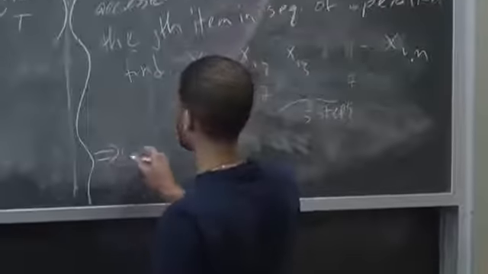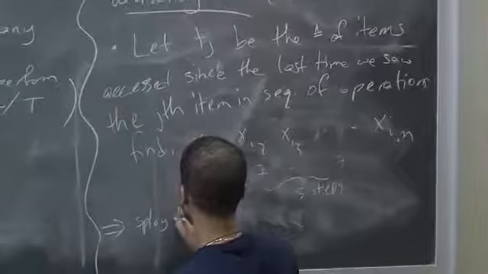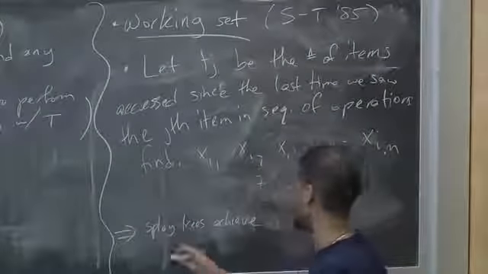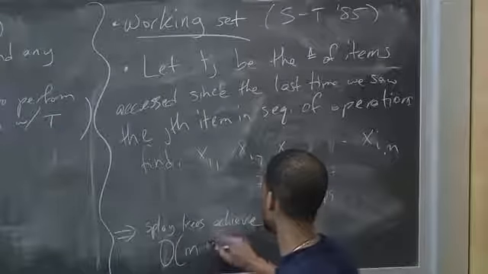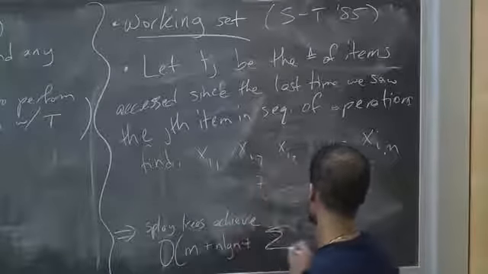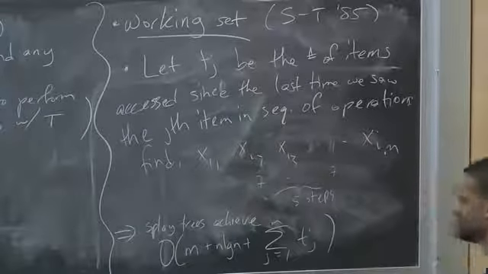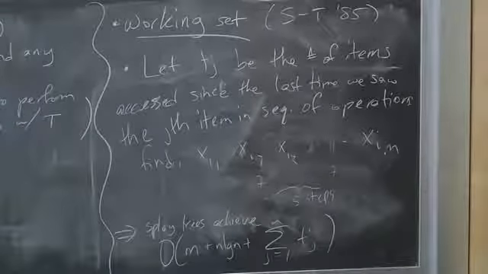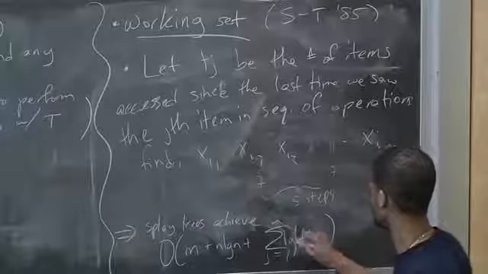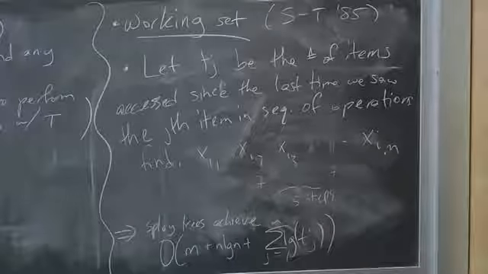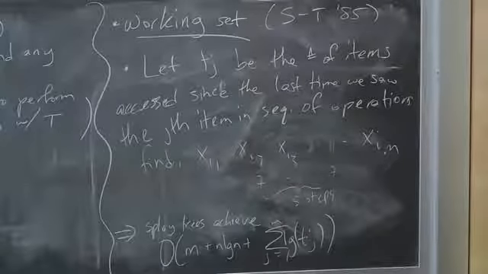So that implies that splay trees achieve O of m plus n log n plus the sum over j from 1 to m of log of tj time. Okay. So it's not just log in the number of nodes, it's log in how many nodes were there since the last access.